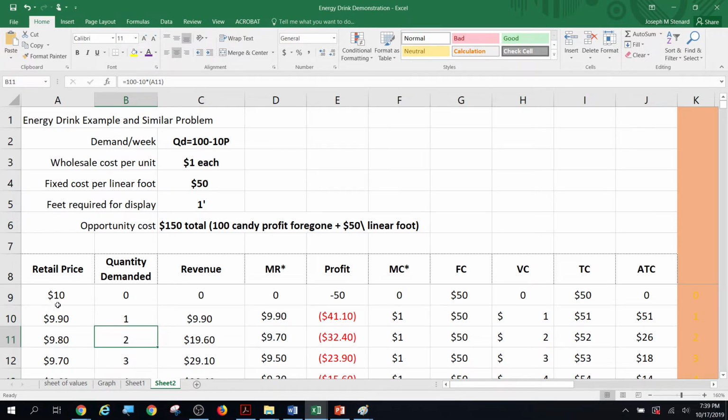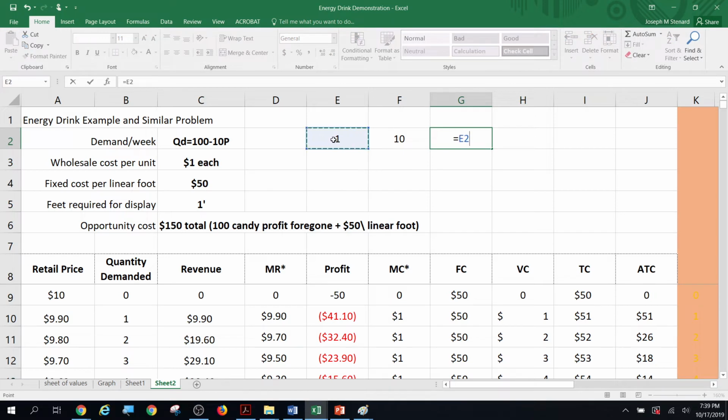If you wondered how I figured out that I needed to drop these things by 10 cents, the way I did it is I took the coefficient in front of price and divided it into 100. So I took $1, basically $1, and I took the coefficient, which was 10, and I put in equals the dollar divided by the coefficient, and that gave me 0.1, which is 10 cents.